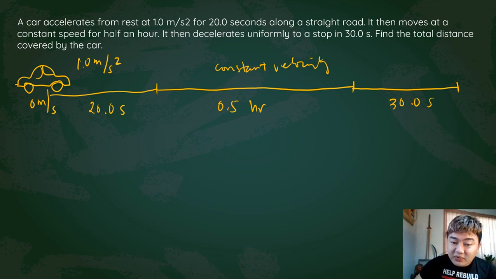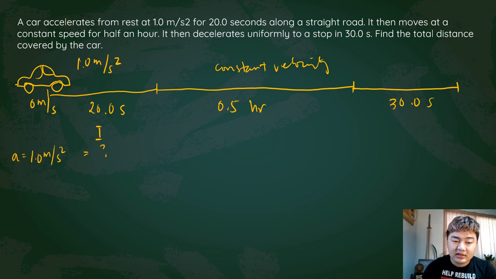In this case, we can solve for the distance of the car by resolving each distance separately: stage 1, stage 2, and stage 3. Let's consider this as stage 1. We need to solve for the distance, or the position of the car. Our known variables: acceleration is 1 meter per second squared.